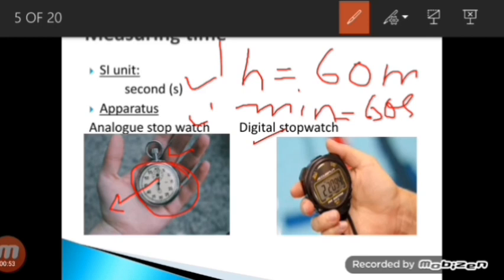The knob is used to start, stop, or reset the stopwatch, whereas the secondary dial is used to measure time in minutes, and the main dial will always be used to measure the time in seconds. Digital stopwatch has the capacity to read time, like it can easily read out 1/7200 of a second. So this is its accuracy rate.